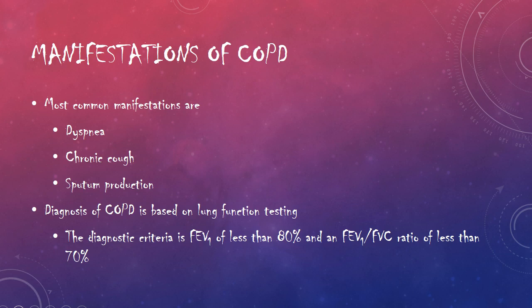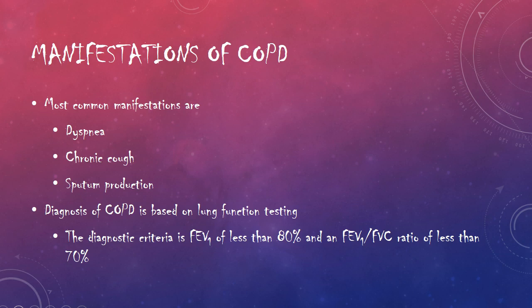Diagnosis is based on the lung function testing that Charlie talked about when we did the teaching presentations. So the diagnostic criteria is a forced expiratory volume of less than 80% and a ratio of this forced expiratory volume over the forced vital capacity of less than 70%.